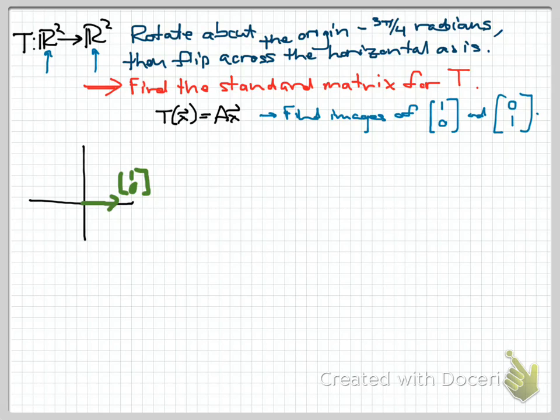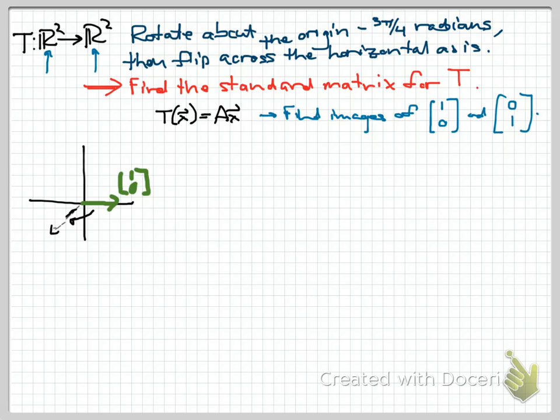Now the image of that vector is what we get out of this transformation. So let's think about how this is going to go. First of all, I'm going to take (1, 0) and rotate it about the origin negative 3 pi over 4 radians. That would put me right here. I'll just dash in where that would go. There is the vector if I rotated it negative 3 pi over 4 radians, but then I need to flip it over the horizontal axis.